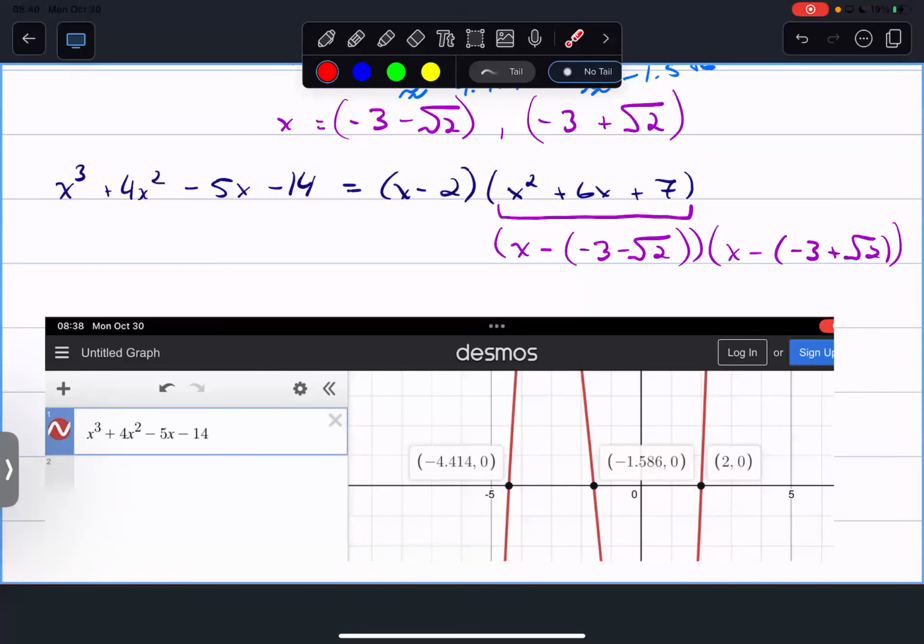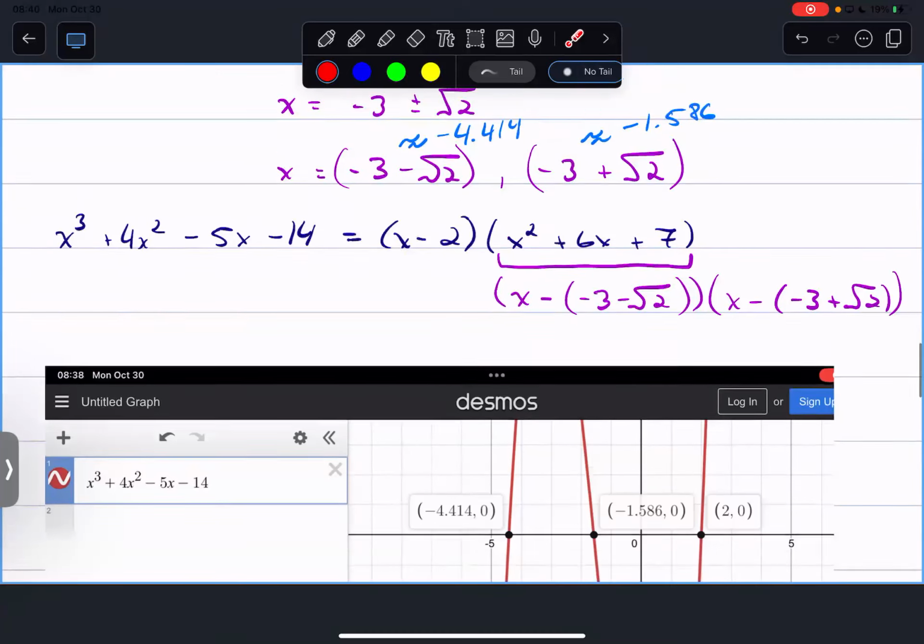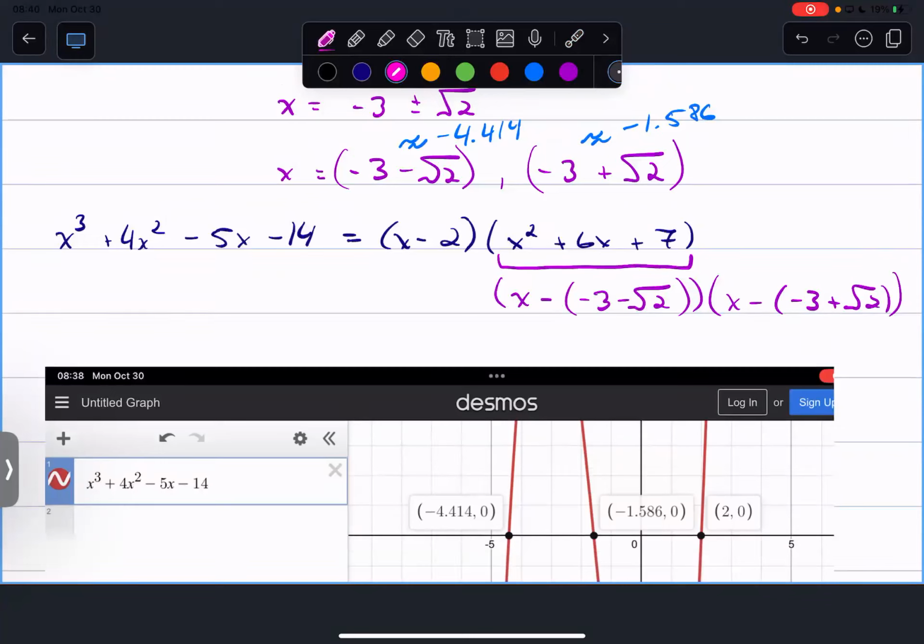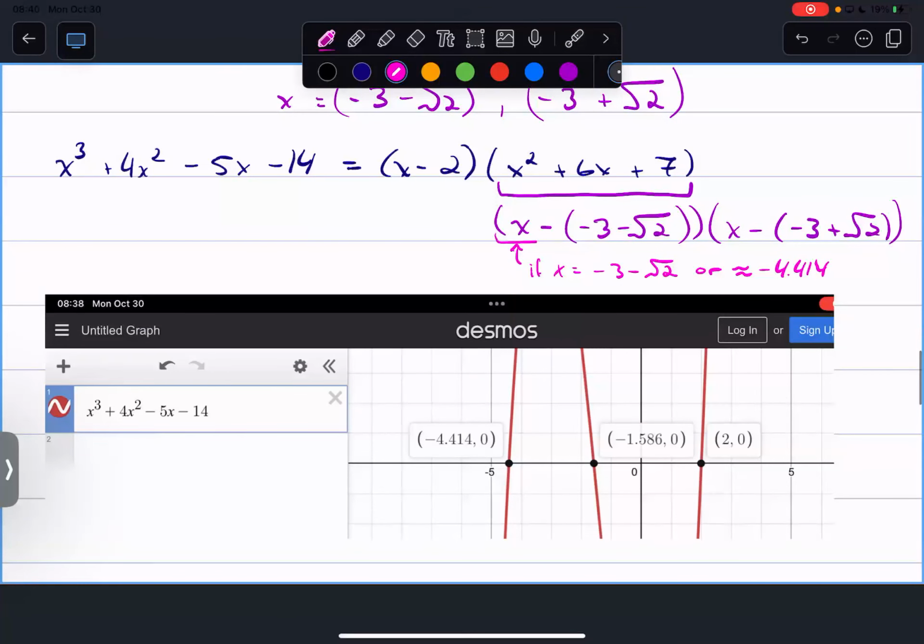Something tells me we weren't meant to keep going from the something into something more factored, but we can because we have the quadratic. So we did. Okay, but here what we're saying is that if x is equal to -3 minus √2, or roughly -4.414, this whole thing is equal to 0.